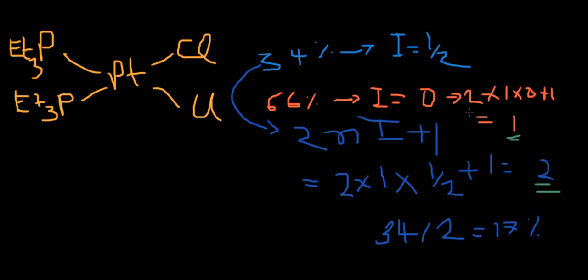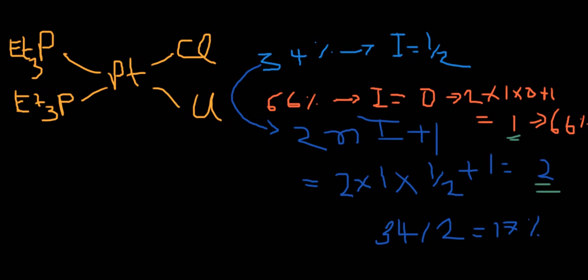And for the 66%, 66 by 1, so the relative intensity for the platinum spin inactive nuclei is 66%. We count the relative intensity because we are trying to know about the peak height.